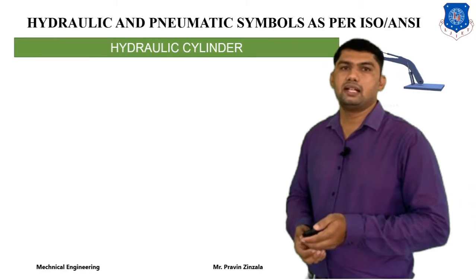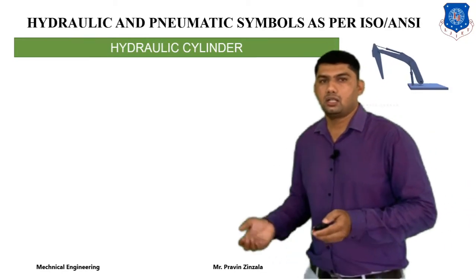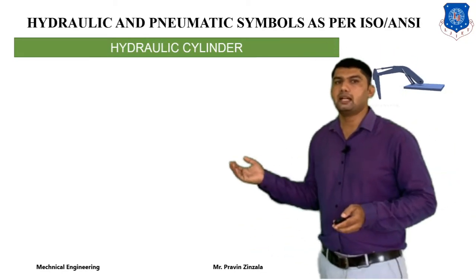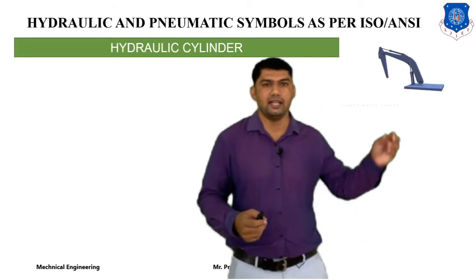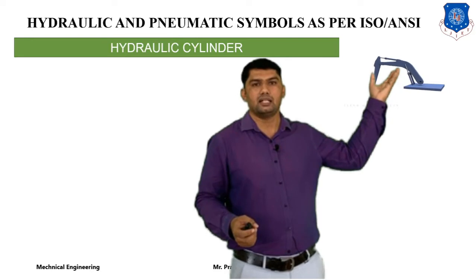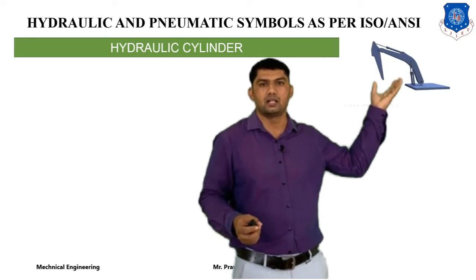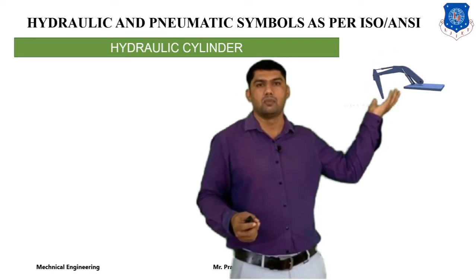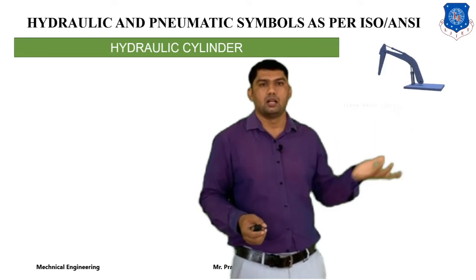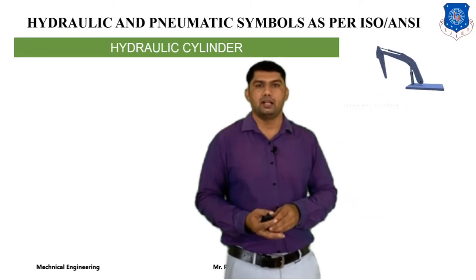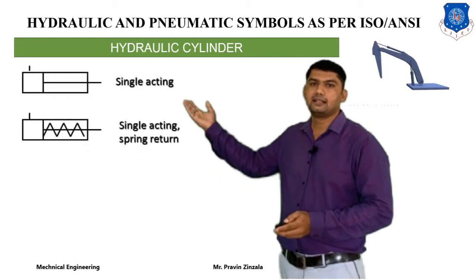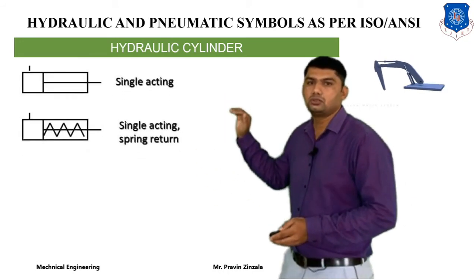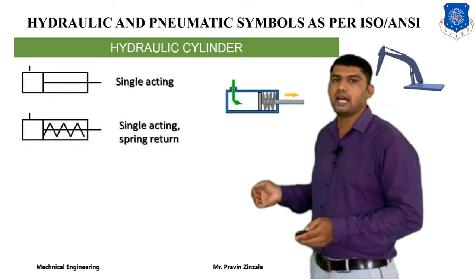Next is the hydraulic cylinder. Here our final output will be the hydraulic cylinder, and a well-known example of a hydraulic cylinder is the JCB. There are many types of hydraulic cylinder used, such as single acting, double acting, double rod, and telescopic cylinder, as per the requirement. The first example is the single acting cylinder, which operates in only one direction.